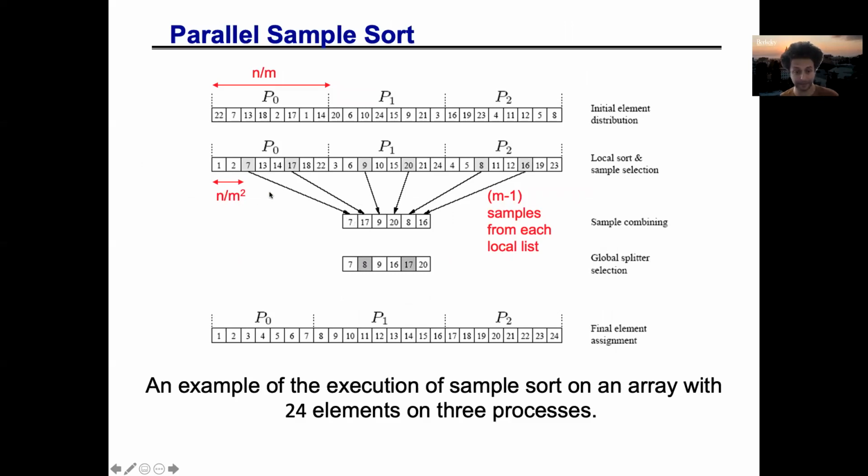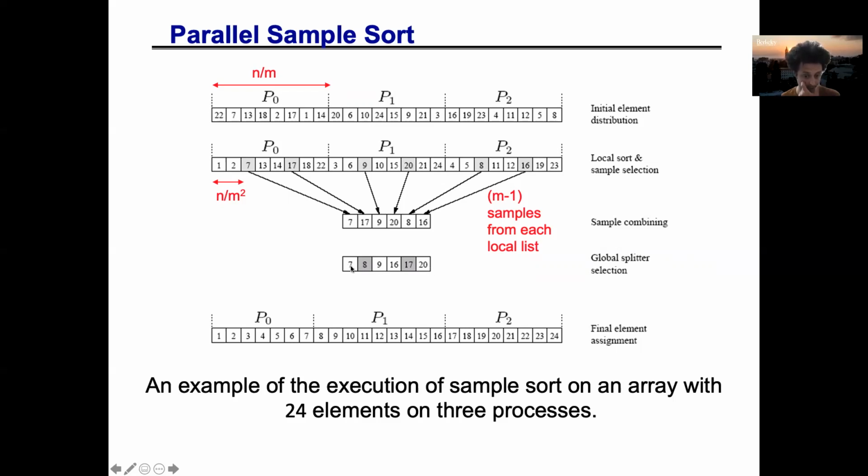Then we sorted them. With this sorting, I know that the first element is larger than n over m squared elements, while the second element is also itself larger than n over m squared elements. By the cumulative impact of the previous element, the second element is larger than 2 times n over m squared elements, because again, this is sorted.